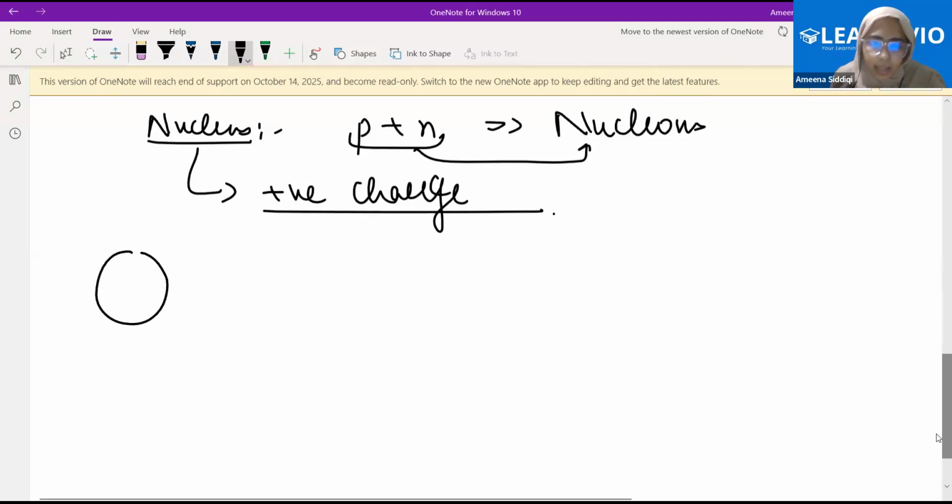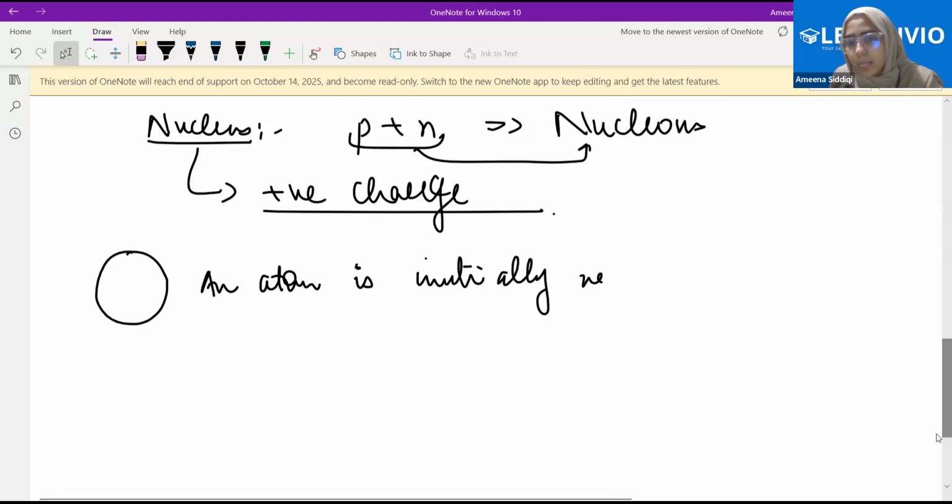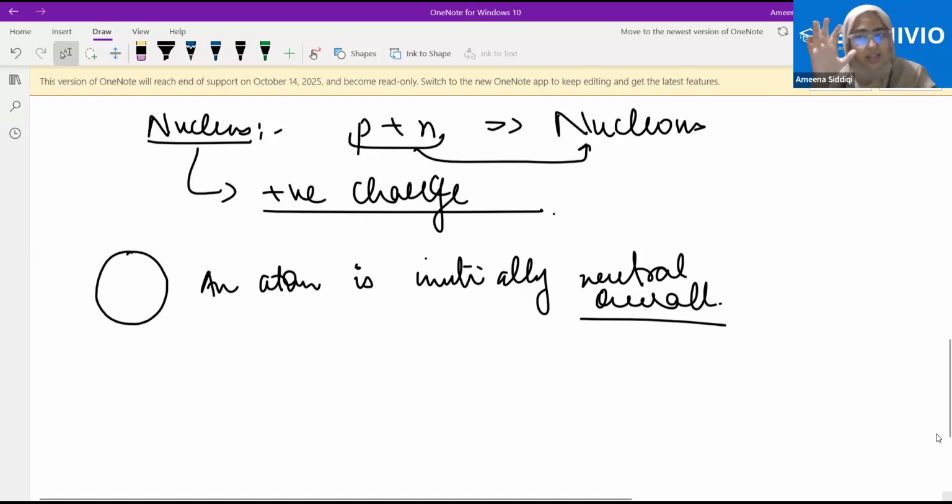An atom is initially, or by default, neutral. What do we mean by this overall neutral? It has different charges in the form of electrons and protons, but overall it is neutral. Why?